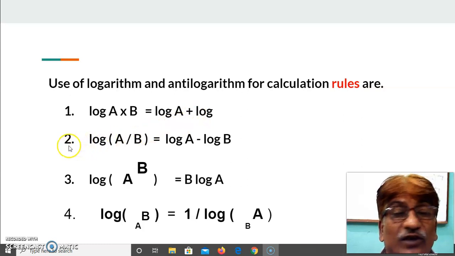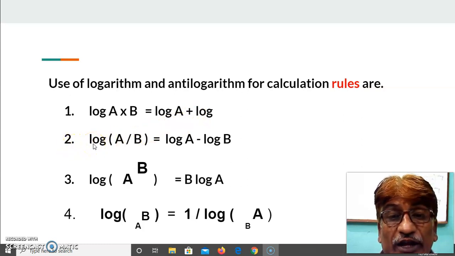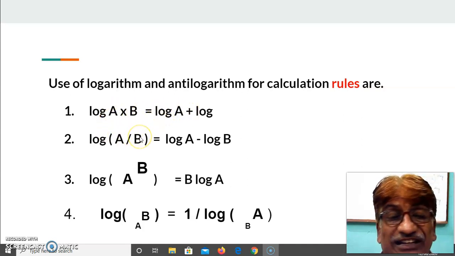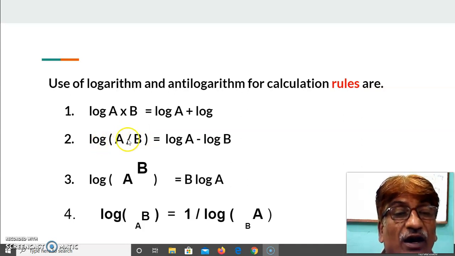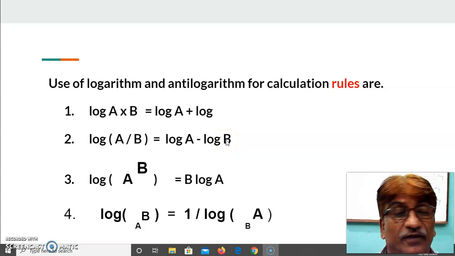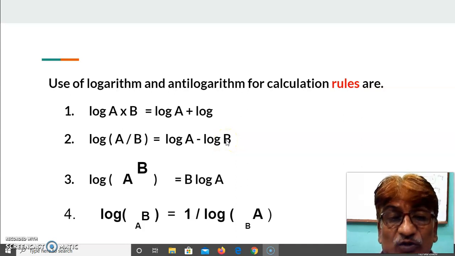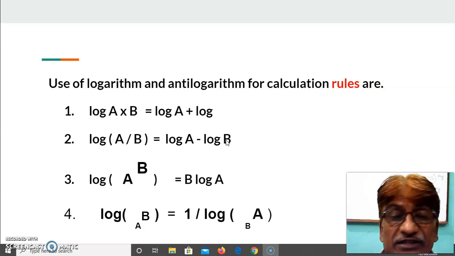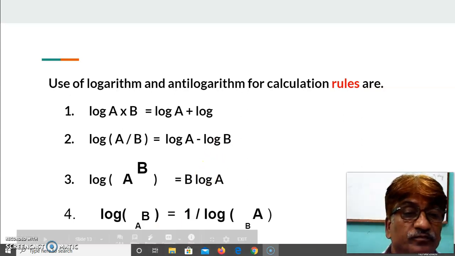See here, for the second rule, if multiplication is there, addition is there. But if division of two numbers is there, what happens? Log of A upon B is equal to log A minus log B. So for the two rules, multiplication gives addition, division gives subtraction.